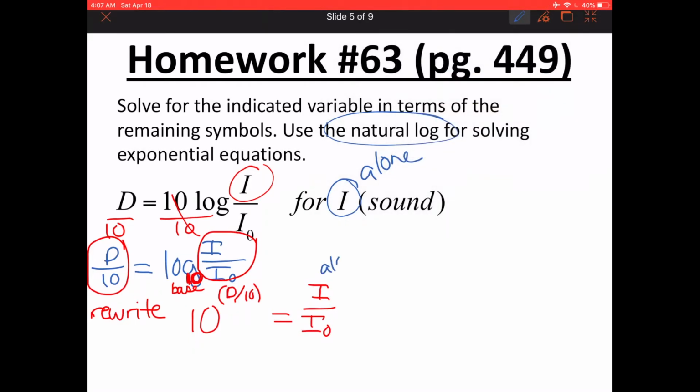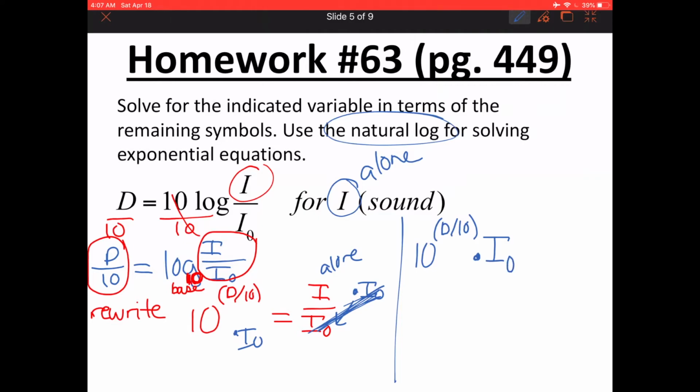Now if I want to get the I alone, how can I get rid of that I sub 0? Just multiply both sides by I sub 0. So here on the right, they cancel out. And so my final answer is going to be 10 to the power of D divided by 10 times I sub 0 equals I.